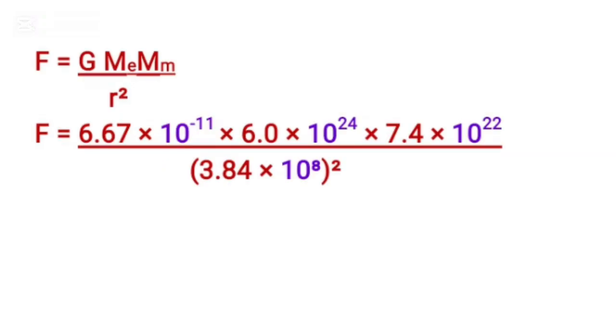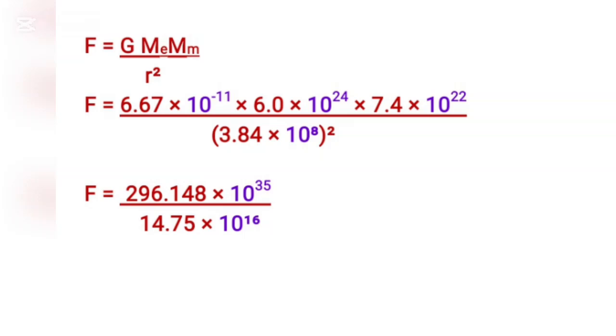We'll substitute in our values. That is 6.67 times 10 raised to power minus 11 times 6.0 times 10 raised to power 24 times 7.4 times 10 raised to power 22, divided by 3.84 times 10 raised to power 8 all squared. We'll collect all the numbers together. When you multiply 6.67 times 6 times 7.4, we will get 296.148.